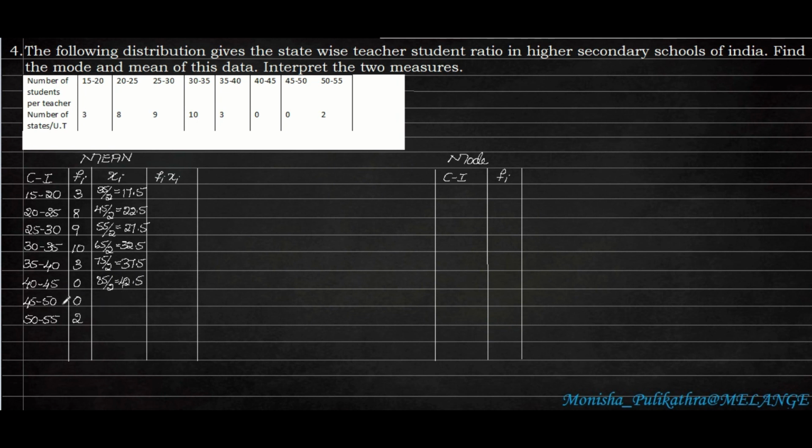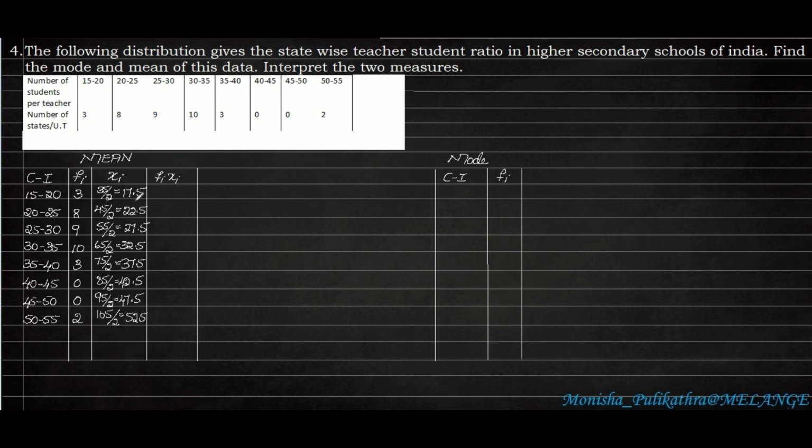Next, 45 plus 50 is 95, divided by 2 is 47.5. Last one, 50 plus 55 is 105, divided by 2 is equal to 52.5. So these are the midpoints of all the class intervals.